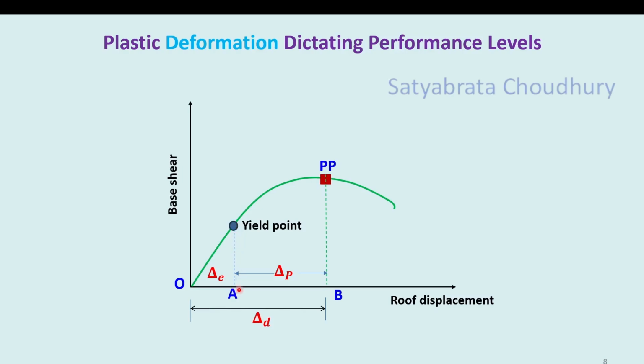Now yield displacement and maximum elastic displacement are the same. So here you can say either it is elastic displacement from O to A, or you can say it is yield displacement. Beyond that, the displacement after the performance point, after the point B, is the plastic deformation or plastic displacement delta P. So delta D is O to B, delta E or elastic displacement is O to A, and plastic displacement is A to B.